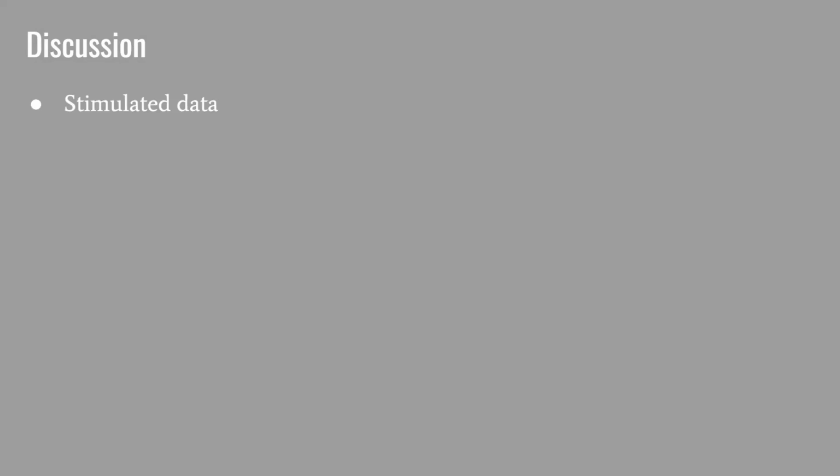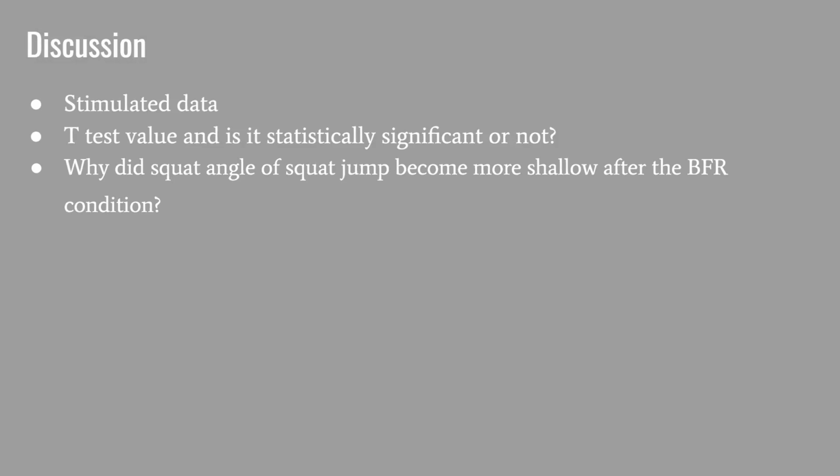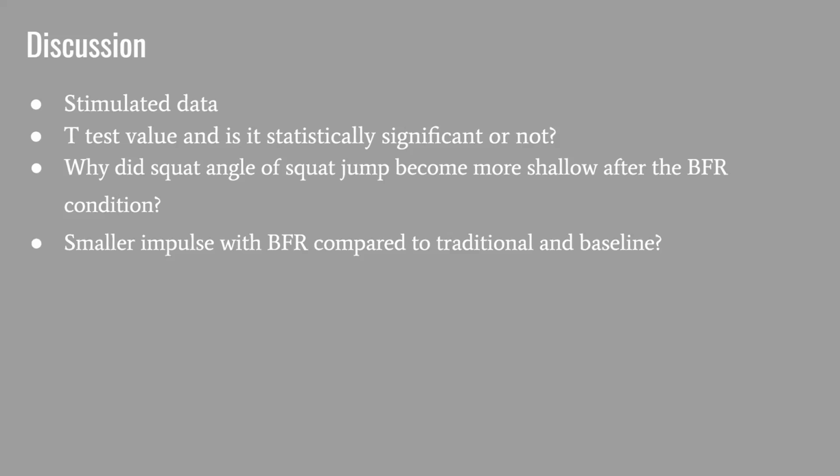Okay, so we're going to discuss the simulated data, why we did that, the t-test values, and see if it's more significant after simulating our data. Why did the squat angle of the squat jump become more shallow after the BFR condition? Why did we get a smaller impulse with BFR compared to the traditional and baseline conditions? And as I mentioned, is it because of peak force or the time difference between the initial time and the end time of the squat?